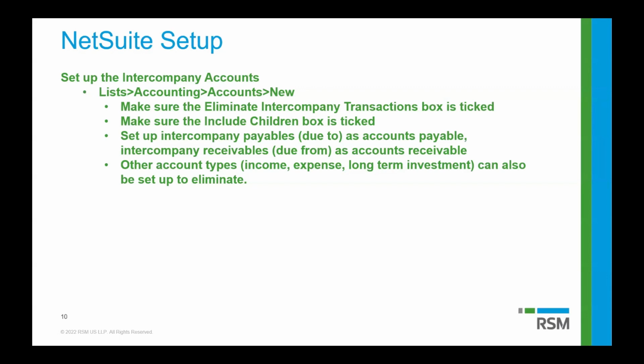So when you set up intercompany accounts, these are the key things you need to do to set up an intercompany account so that it will eliminate. Now keep in mind, when I talk about an intercompany account, I'm not just talking about a due to and due from. I'm also talking about income and expense accounts. I'm talking about potentially long-term investments.